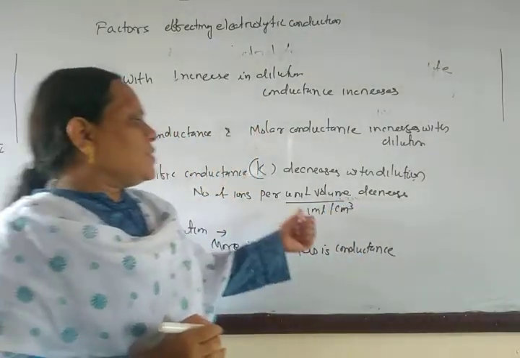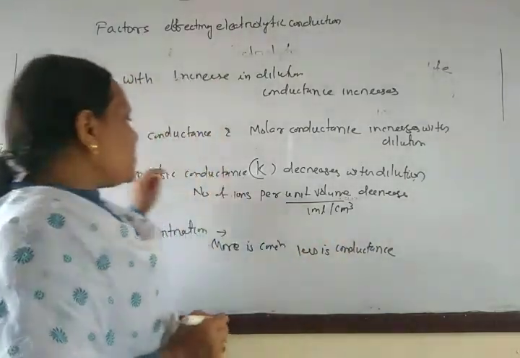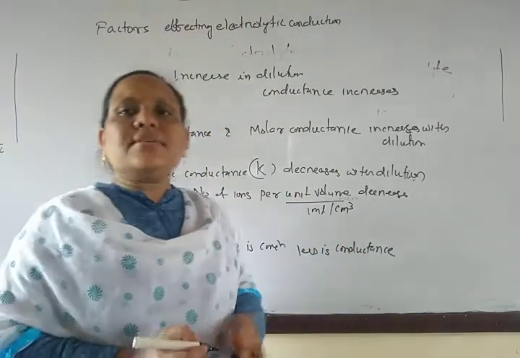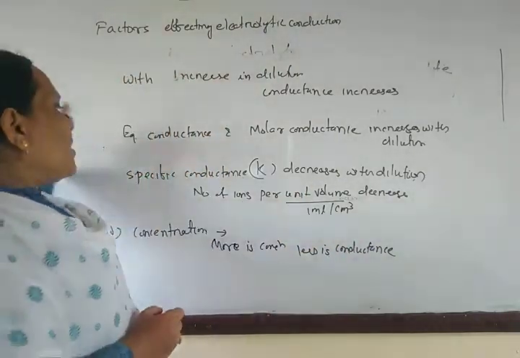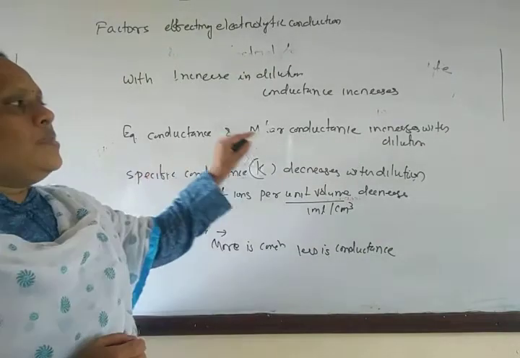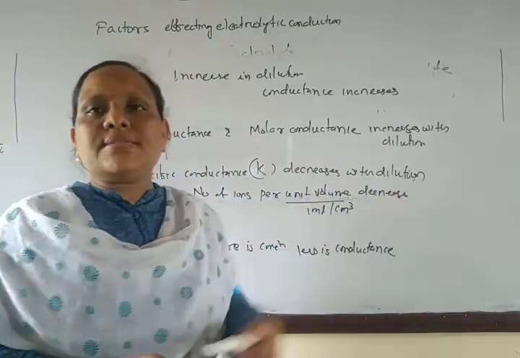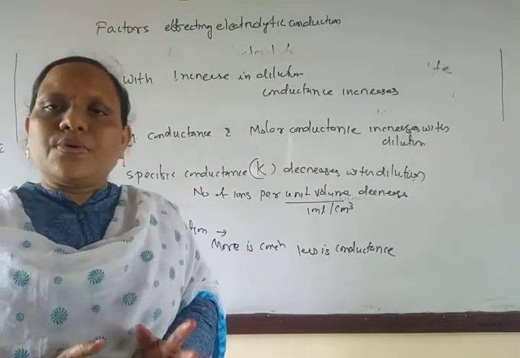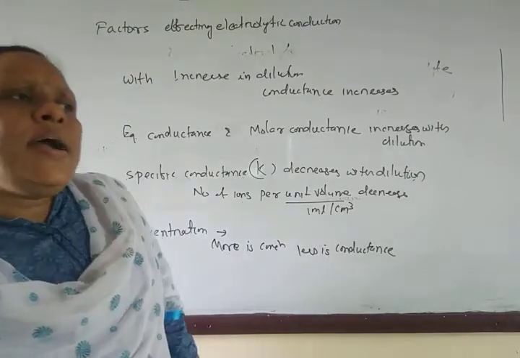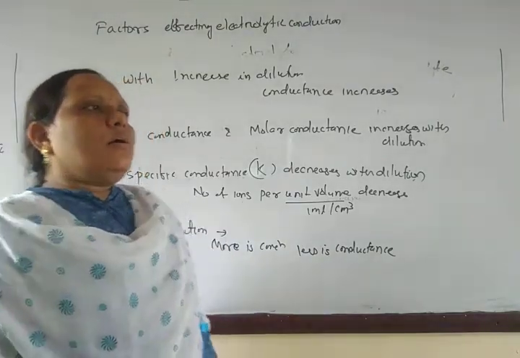As the number of ions per unit volume decreases, the specific conductance decreases with dilution, whereas the equivalent conductance and molar conductance increase with dilution. Okay, clear?